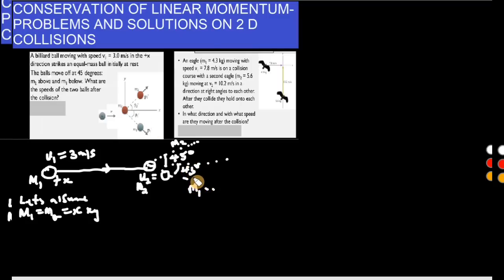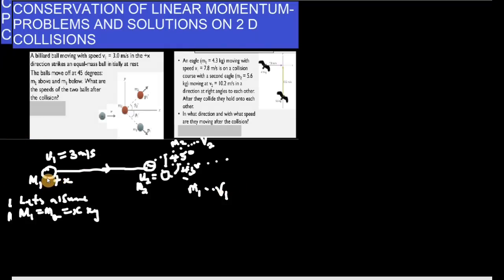Of course, we can label the final velocity of m2 as v2 and the final velocity of m1 as v1. So look at this collision.